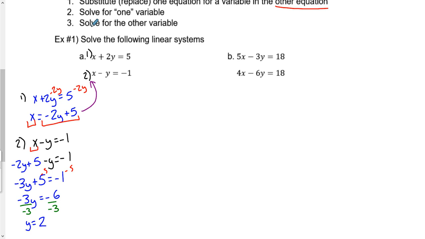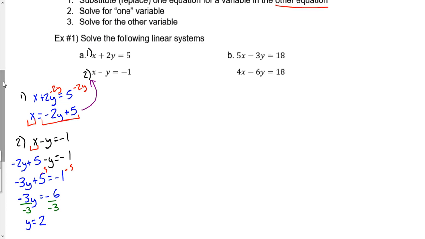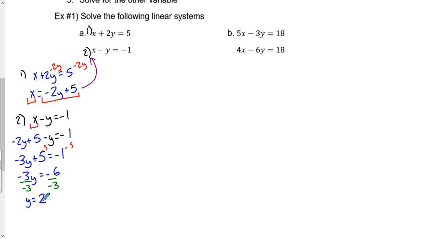My last step is I have to solve for the other variable. So if y equals 2, I'm going to have to plug 2 into one of these equations to find out what x is. The beautiful thing, though, is it doesn't matter what equation you do.